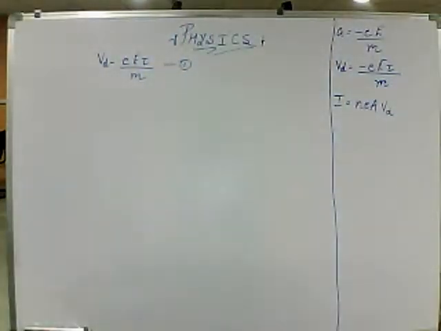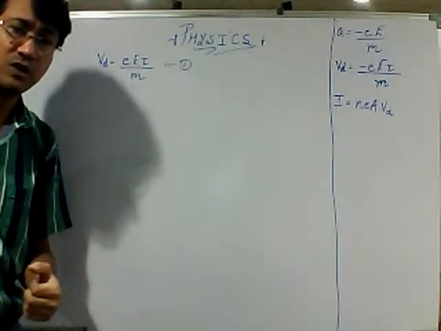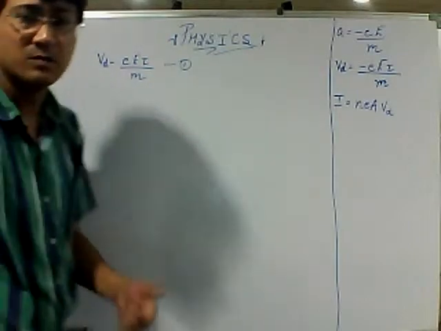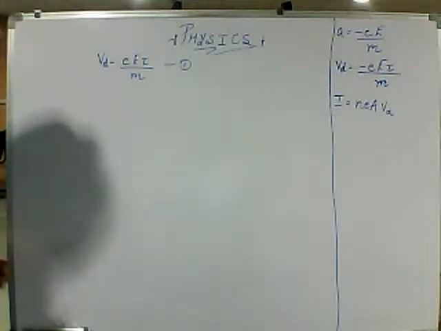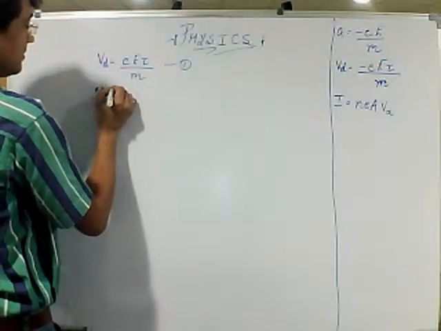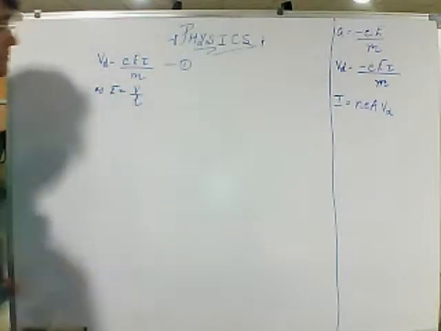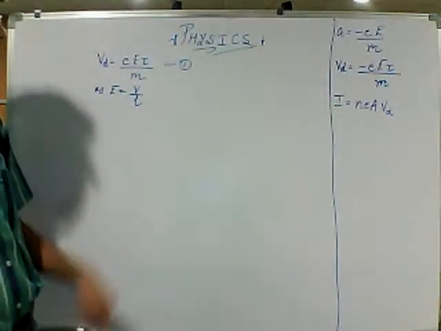Now what is the relation between electric field and the applied potential? We very well know E is equals to V by L over here in this case.